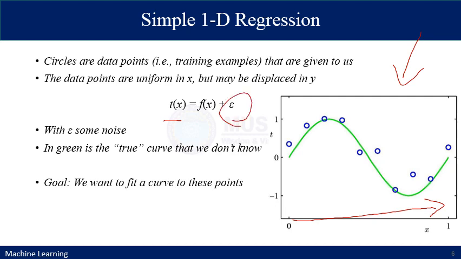The error is classified as some noise. If there is no noise in the input feature vector, this noise will be 0 and we have the correct prediction. In green is the true curve that we do not know before modeling the data.